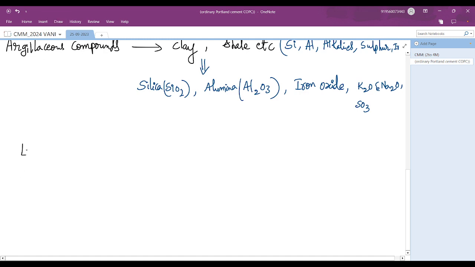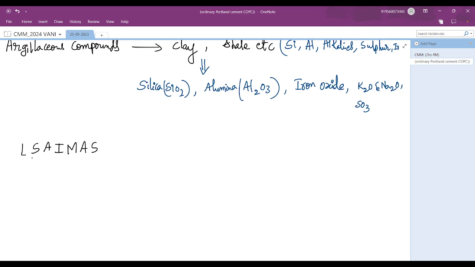That is L-SIMAS. This is the code word, please remember it, in descending order of percentage of the ingredients used in manufacturing cement.